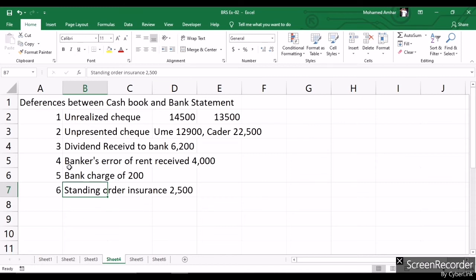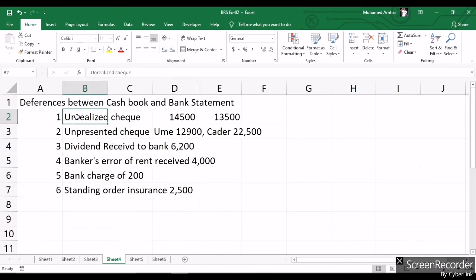So the bank dividend received not recorded is one of the errors of the business. The bank charge of 200 not recorded is a business error, and the standing order insurance payment not recorded in the cash book is a business error. So now we corrected that.